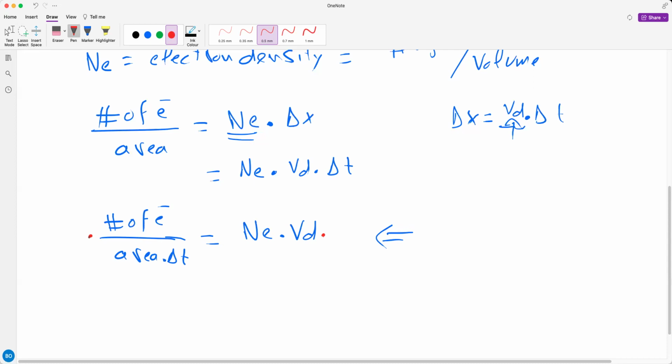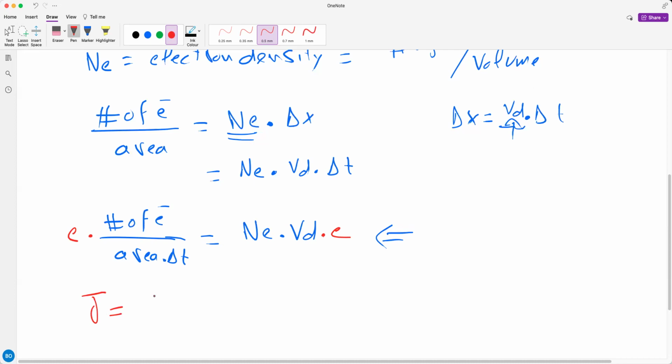I have the number of electrons per area per time, and I want the number of charges. All I have to do is multiply by e, the charge of one electron, and this will give me the electric current density.